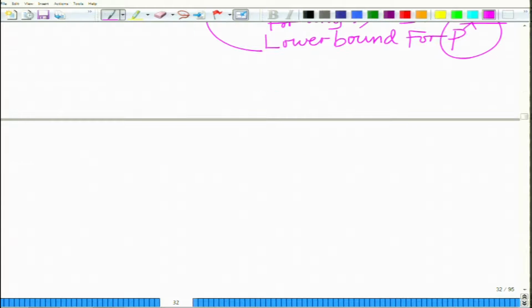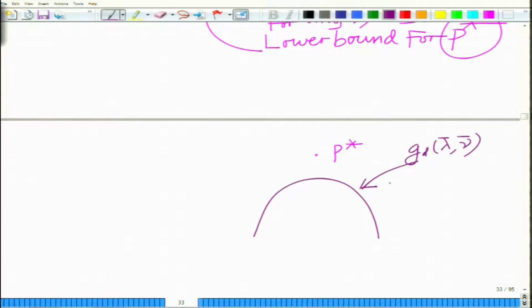Because look at this, we have this P star, and we have this concave function g(lambda bar, nu bar). This is always lower than P star. One can ask the question, what is the best lower bound?